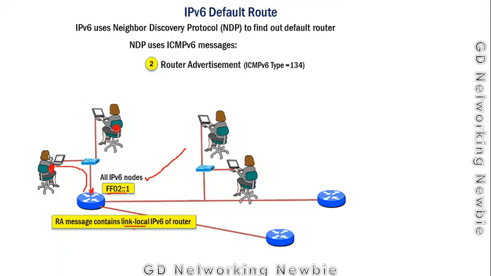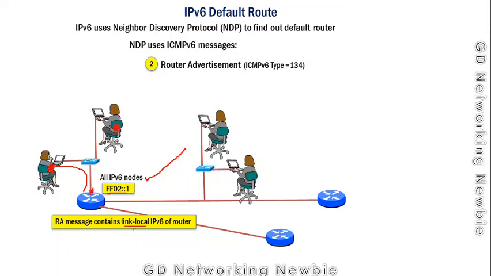So all the host machines on the subnet will have the information about the default router. Simple. If a client needs this information, it uses the ICMP router solicitation message, and when the router responds, it uses the router advertisement message. After the exchange of these messages, the client will have the information about the default router. This is how IPv6 finds out the default router.